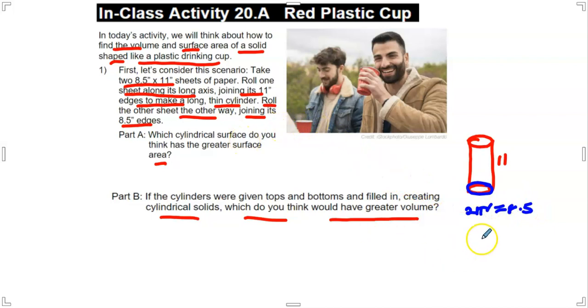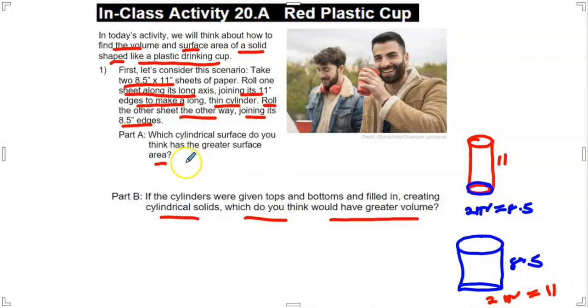In the second scenario, we have a shorter cylinder with height 8.5 inches, but the circumference of the base, 2 pi r, is going to be 11 inches. Now, what we want to do is find which cylinder has the greater surface area. So I want you to consider this, pause the video, and come up with possible answers, and let's discuss this later on.